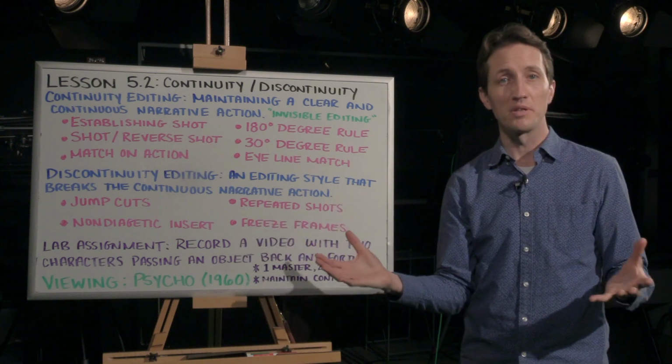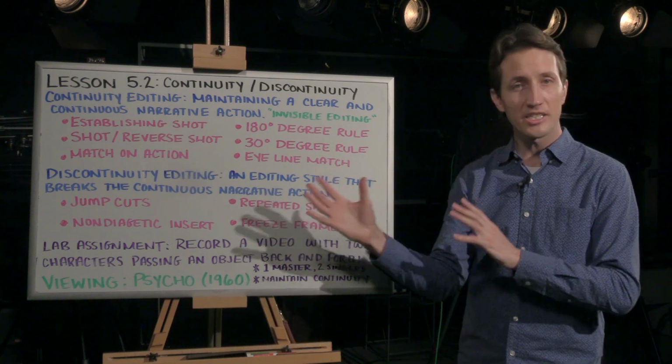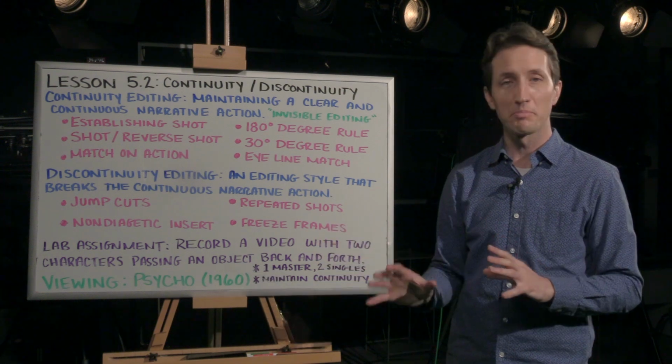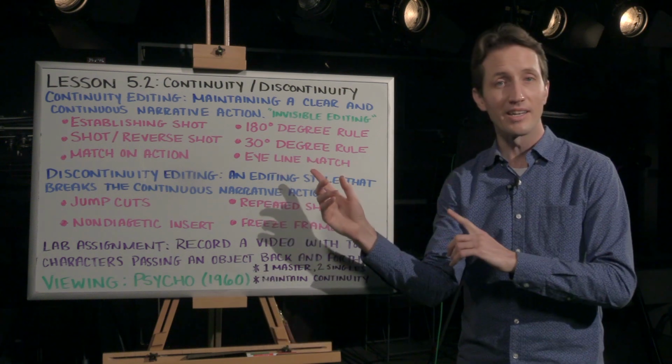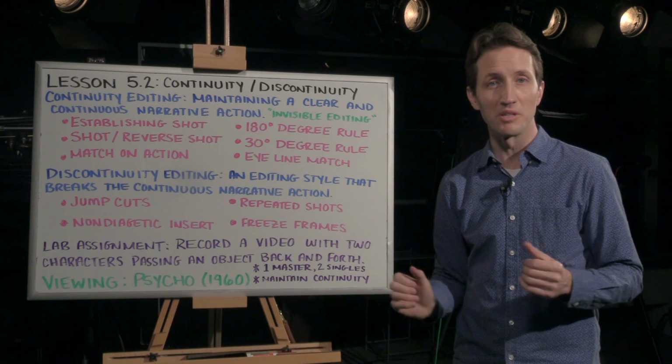That is an example of continuity editing. You're not supposed to see the cuts. You're not supposed to see the edits. That's why this is referred to as invisible editing.